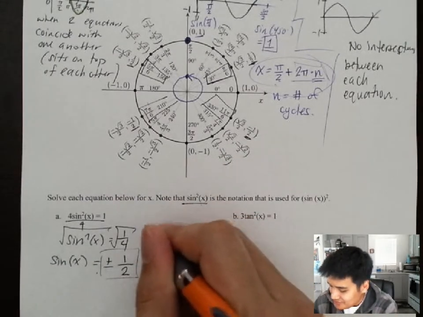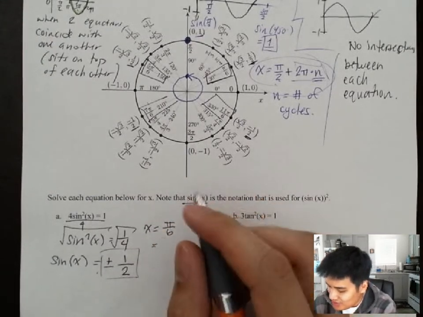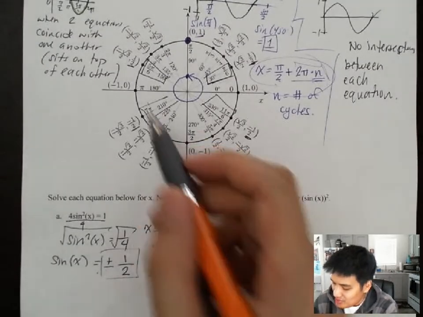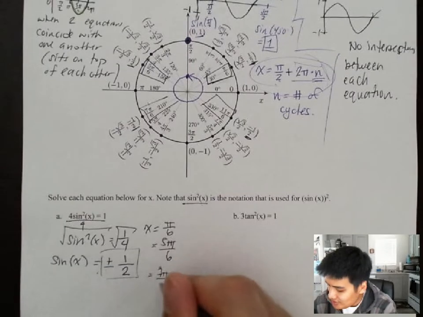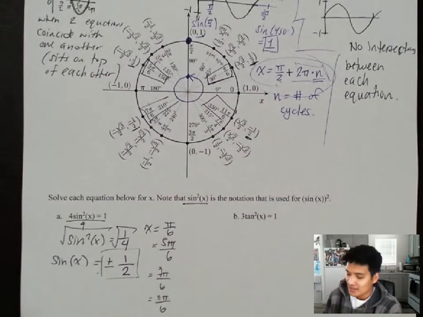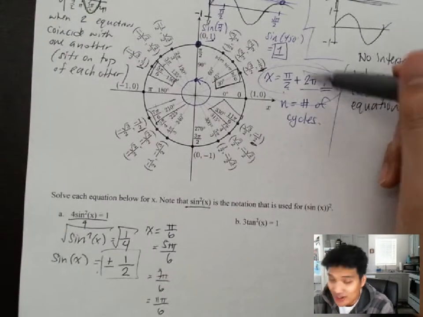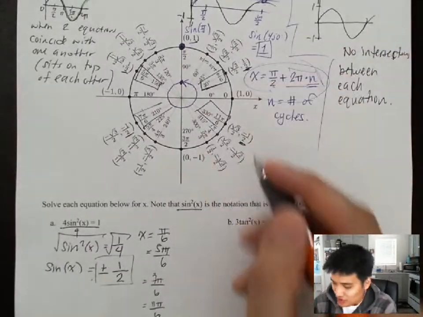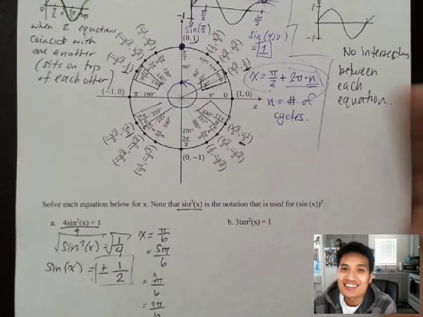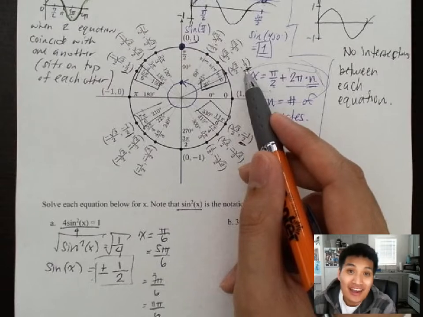So let me list them out. x is pi over 6. It's also going to be 5 pi over 6. It's also going to be 7 pi over 6. It's also going to be 11 pi over 6. So what this tells me is that, just like what I wrote over here, if I start at this angle and do one full rotation, I'm going to get another angle that will give me a 1/2.